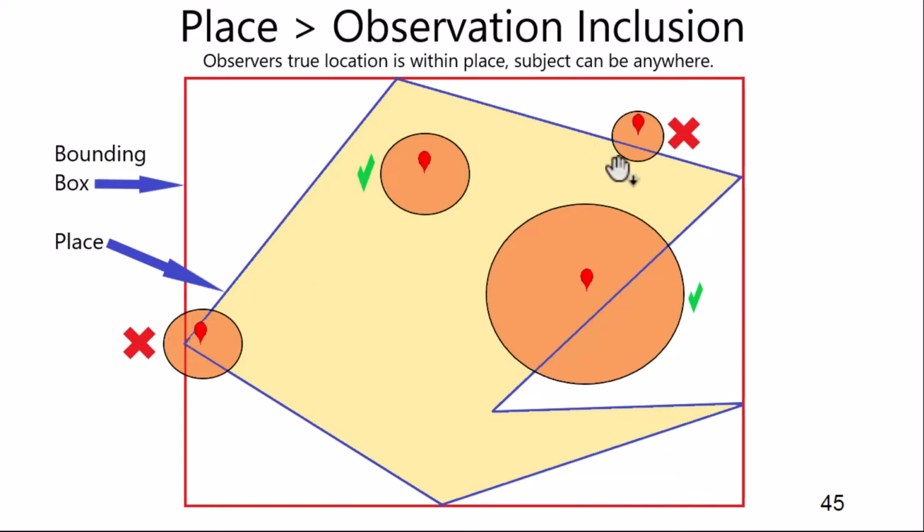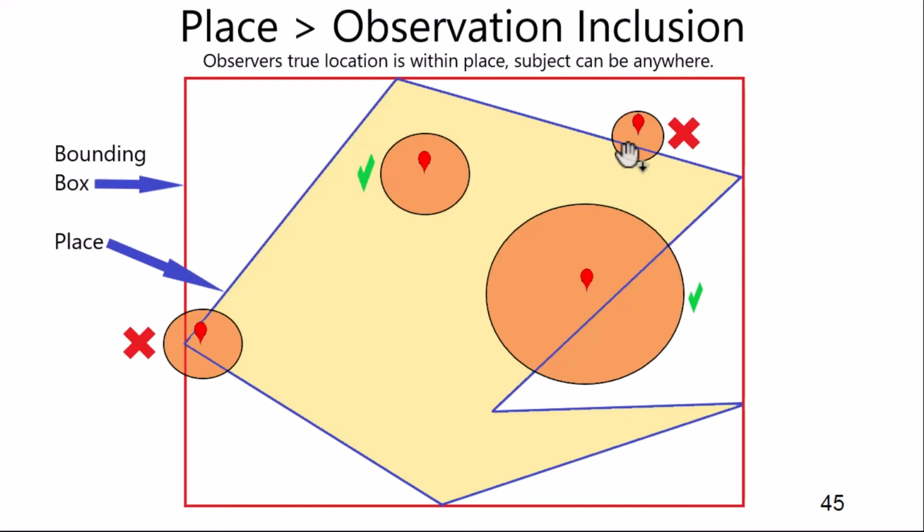But the one I usually run into trouble with, especially if people try to draw places too accurately, is this: let's say I'm standing just inside the boundary of the place, but the calculated location, the GPS latitude, longitude, bumps me right outside of the place. That one won't show up. And while you're physically there, you don't really know that.